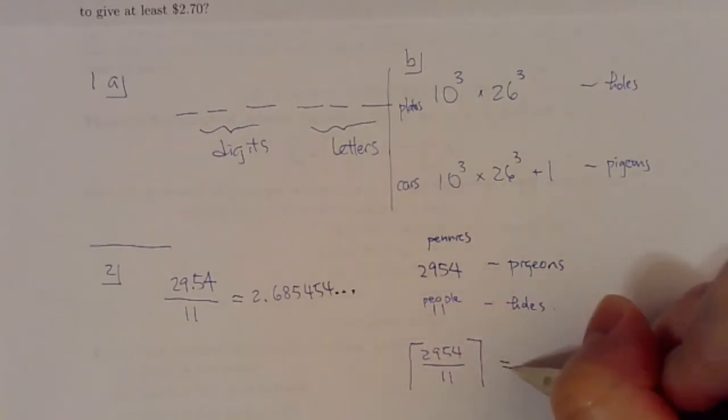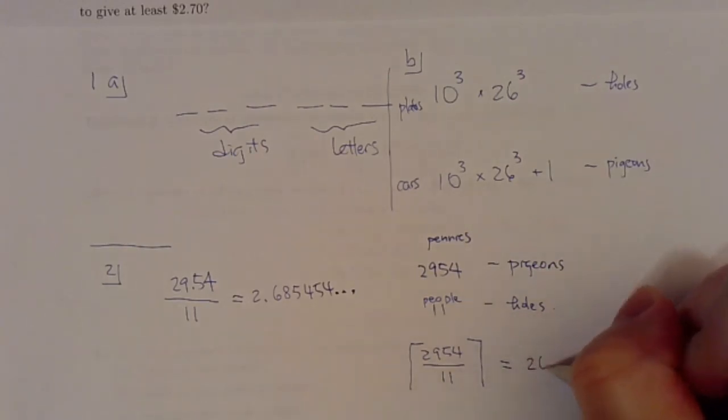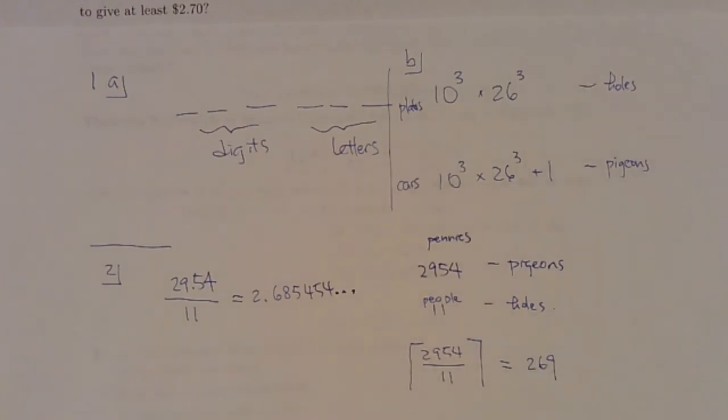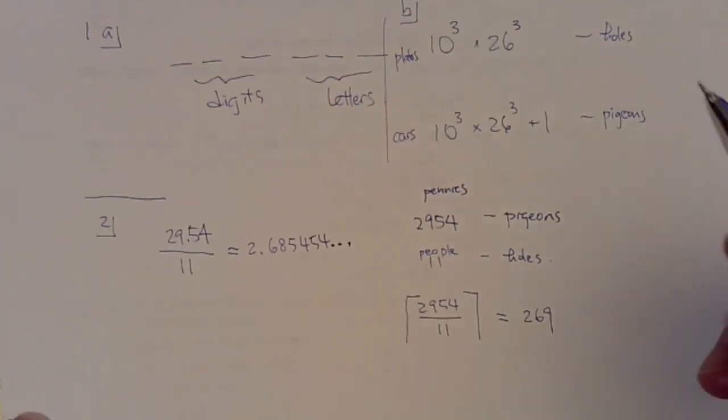It will be 268.5454, right? So if you round it up, it will be 269. And what this is saying is that there will be someone who contributed at least 269 pennies. Because on average, everybody contributed 268.5454 pennies, it couldn't have been that everybody contributed only 268.